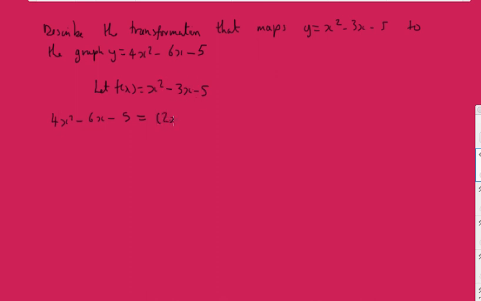So we'd have (2x) squared minus 3(2x) minus 5. So you can see if you square this, you're going to get the 4 here, 4x squared. 3 times 2 is going to be 6, so you get the minus 6x, and the minus 5 is going to remain the same. So this must be f of 2x.